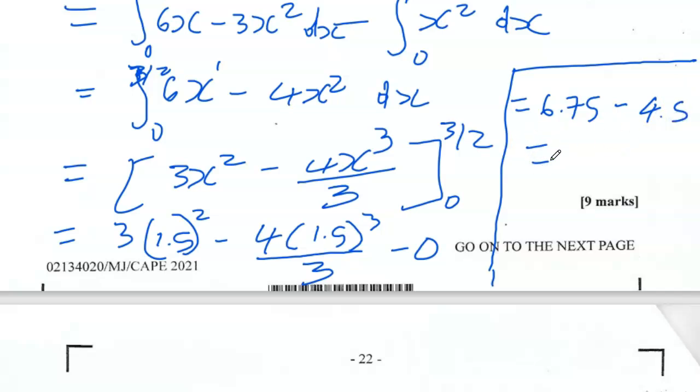So it's now 6.75 minus 4.5. We end up with 2.25 square units. Since we're talking about area, remember it's square units. So 2.25 square units, or 2 1/4.